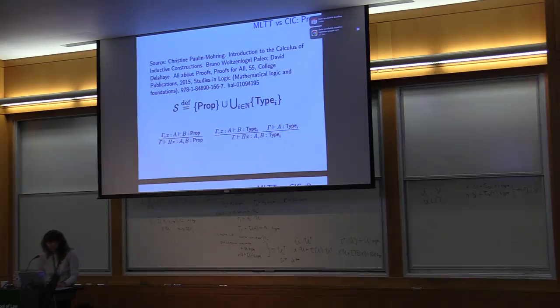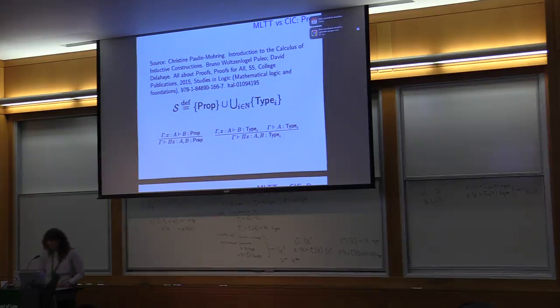And I didn't include one important rule, that you can embed the little universes into the bigger ones, except for Prop. Prop is a special one because it has a special rule. It basically says that if x is of type A and the codomain B is of type Prop, then this is going to end up in Prop, even though this A here could be of a higher type than Prop. Even if this one is Type 3 and B is a proposition, then it will end up in Prop. Okay? This is the impredicativity property.